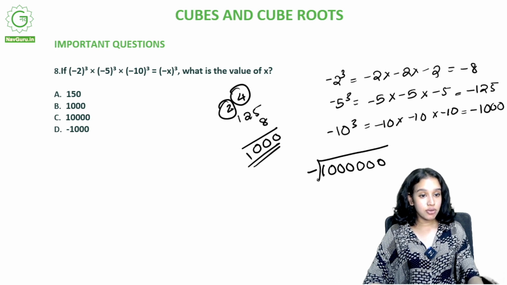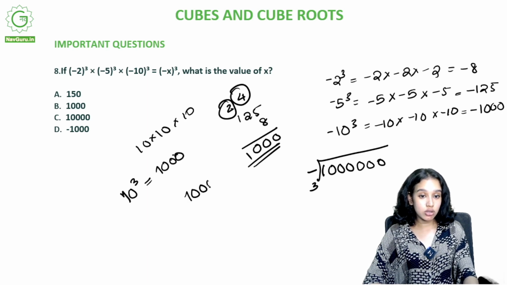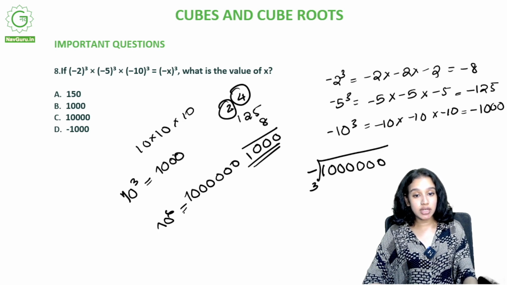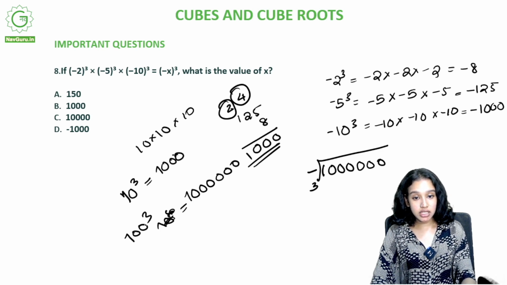Now we have to find the cube root of this. So we know that for 10, when we cube it, we get 3 zeros, right? That is 10 into 10 into 10. So if there are 6 zeros here, 2, 3, 4, 5, 6, it should be 2 times this, that is 100 cube.